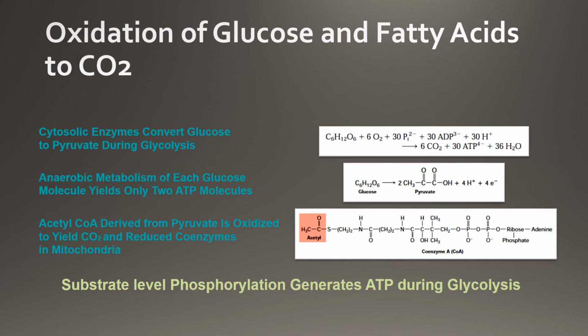So what happens in anaerobic metabolism? Many eukaryotes are obligate aerobes. They grow only in the presence of oxygen and metabolize glucose completely to CO2 with the concomitant production of a large amount of ATP.